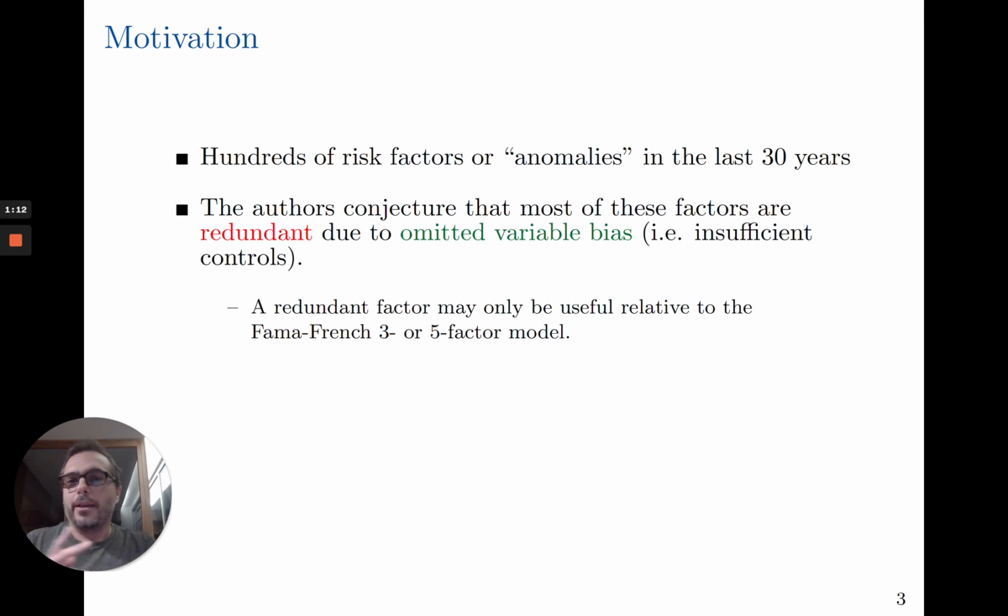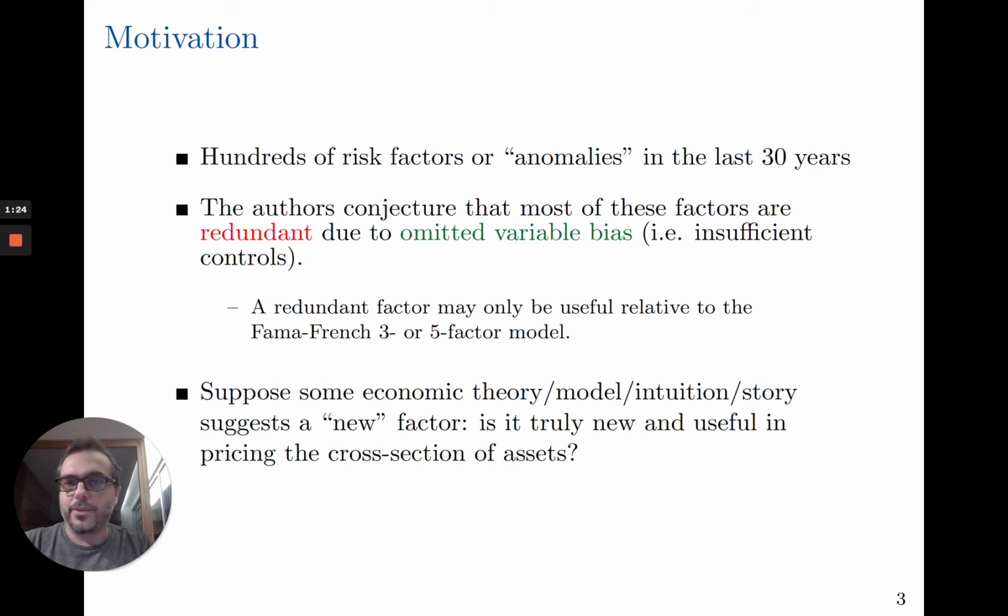For instance, a redundant factor may only be useful relative to the Fama-French 3 or 5 factor model, but not relevant when you include a larger set of factors, right?